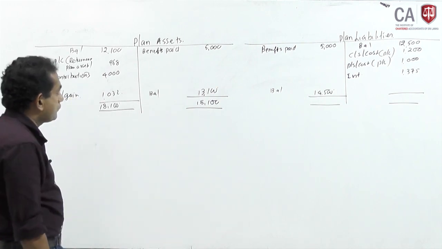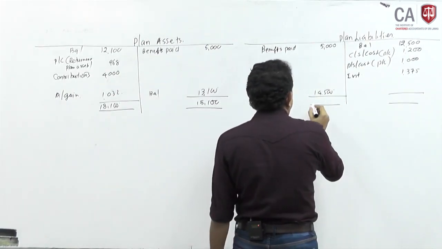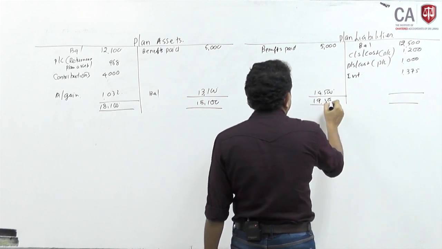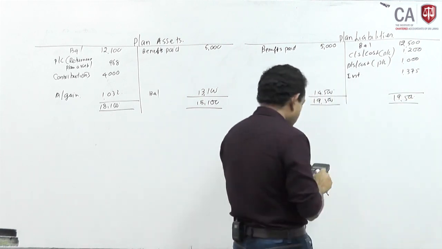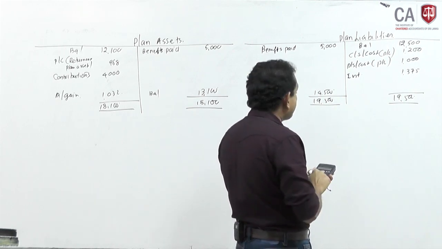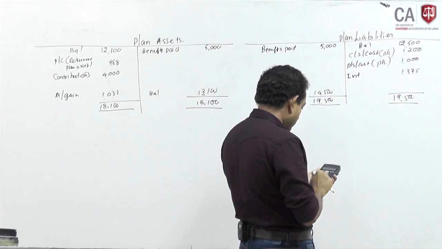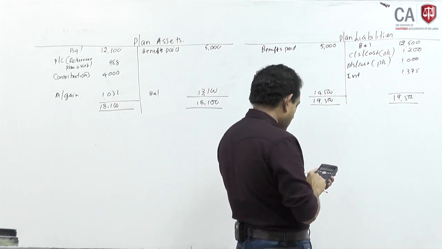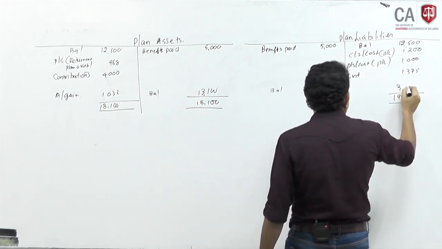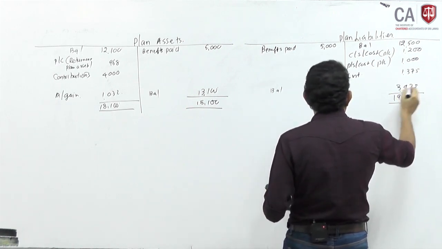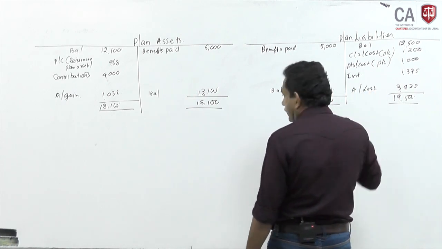Also, we will close up plan liabilities, 19,500. 19,500 minus 12,500 minus 1,200 minus 1,000 minus 1,375 should be 3,425, actuarial loss.